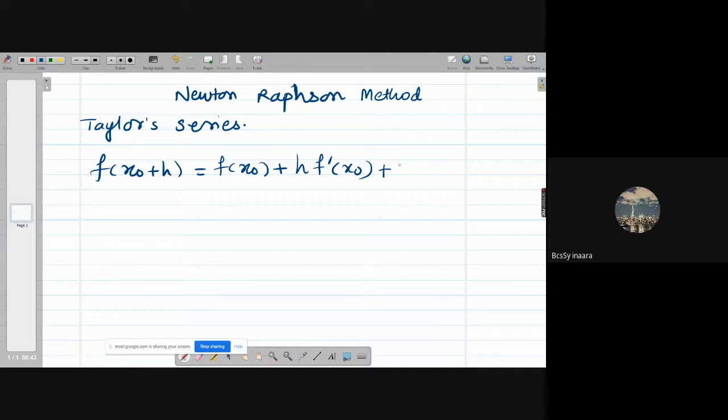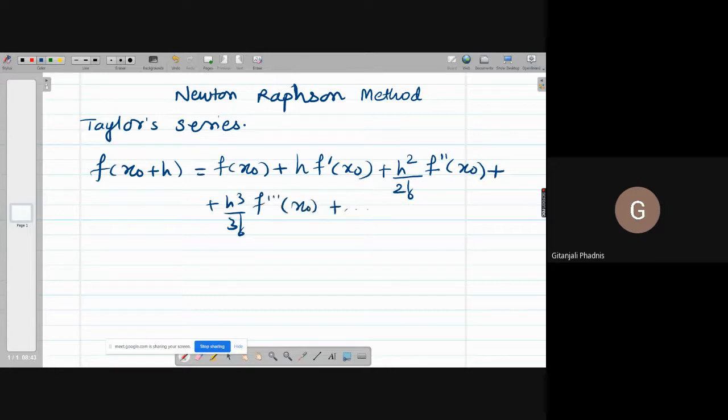Plus h square upon 2 factorial into f double dash x0, plus h cube upon 3 factorial f triple dash x0. All these are derivatives and so on. So we are going to make use of Taylor's expansion formula here.